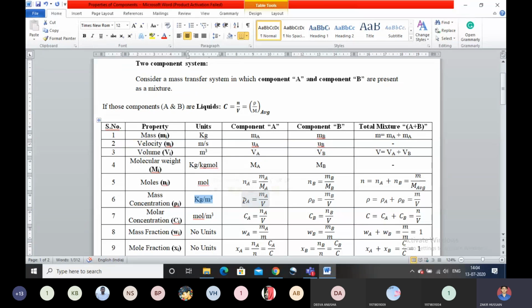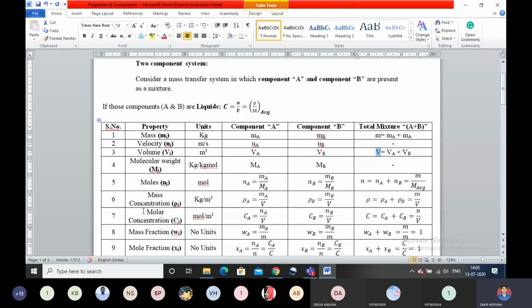So mass concentration for component A is rho A is equal to mass of A, Ma, by total volume V. For component B, rho B is equal to mass of B, Mb, by total volume V. Therefore the mass concentration of the total mixture is the sum of the mass concentrations of components A and B, rho A plus rho B, which is also equal to the total mass, Ma plus Mb, divided by total volume.